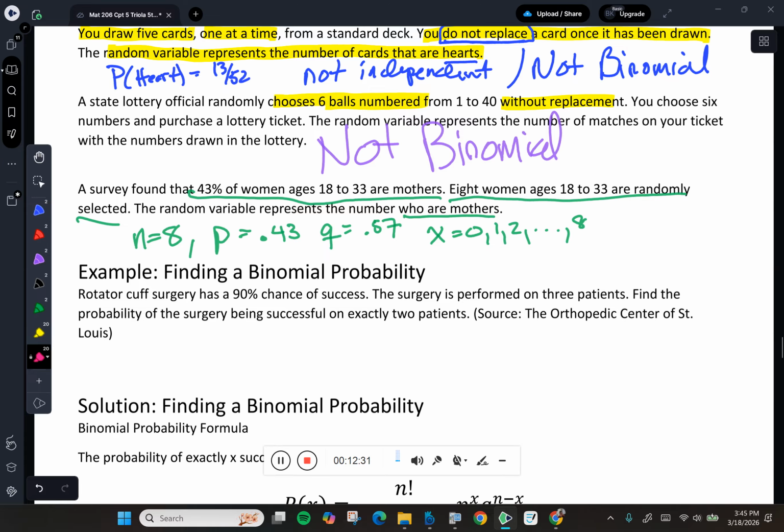Again, what does a 0 mean? It means I talked to 8 women, and all 8 of them said I'm not a mom. A 1 means I talked to 8 women, and 1 out of 8 says she's a mom. 2 out of 8, and so on and so forth, all the way up to a possible 8 out of 8. Okay? So that would be binomial, and there's everything that we need to make that problem work.